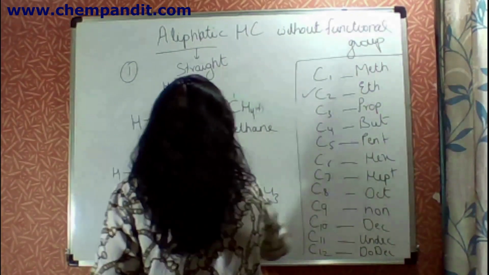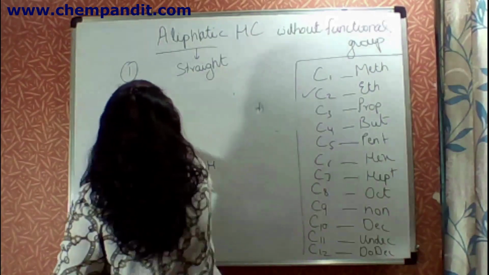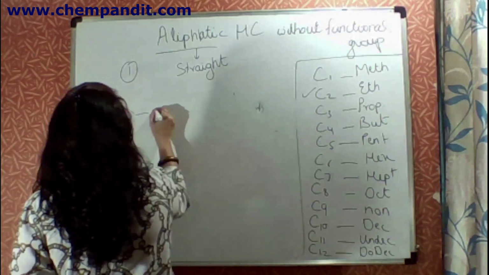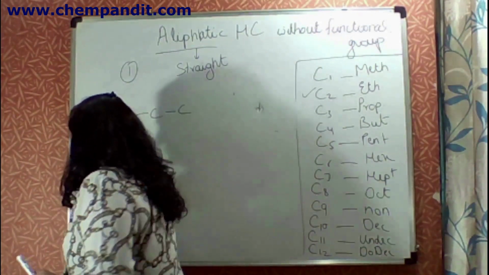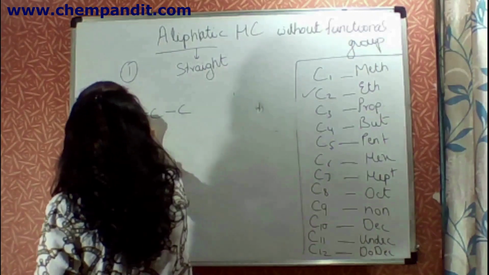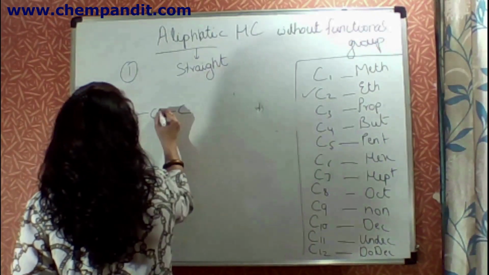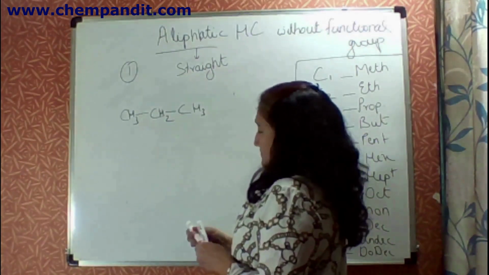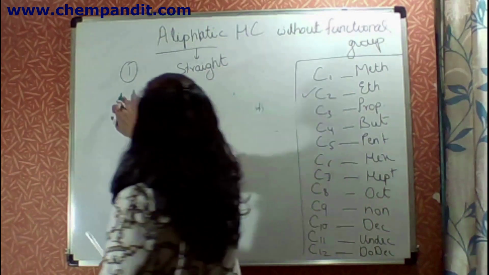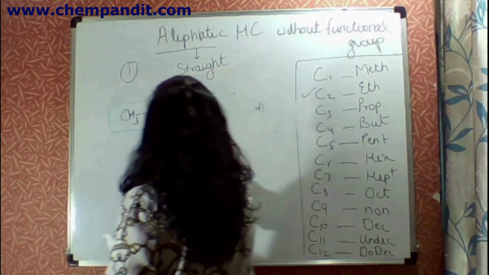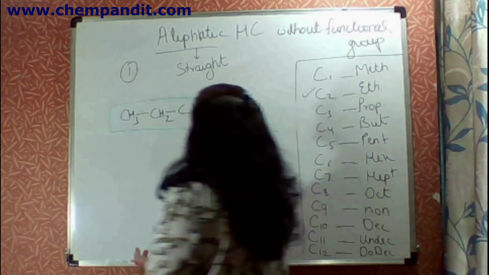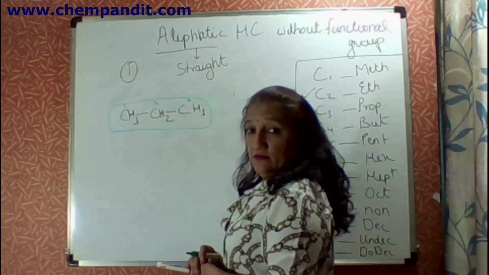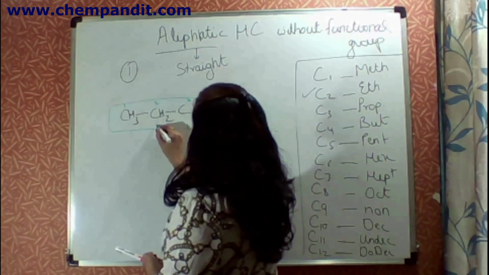Similarly, let's take one more example. Suppose we have a compound CH3, CH2, CH3. Now let's find out the longest chain. Of course, the longest chain is very simple. You can number it from here 1, 2, 3, or you can number it like this 1, 2, 3.